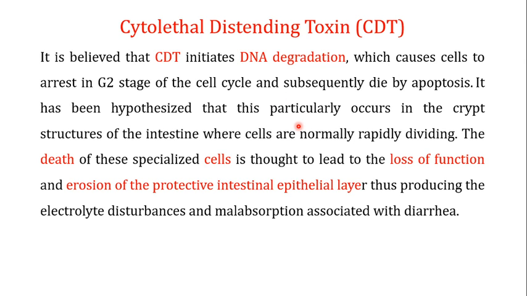It has been hypothesized that this particularly occurs in the crypt structures of the intestines, where cells are normally rapidly dividing. The death of these specialized cells is thought to lead to the loss of function and erosion of the protective intestinal epithelial layer, thus producing the electrolyte disturbance and malabsorption, which is associated with diarrhea in typhoid disease.